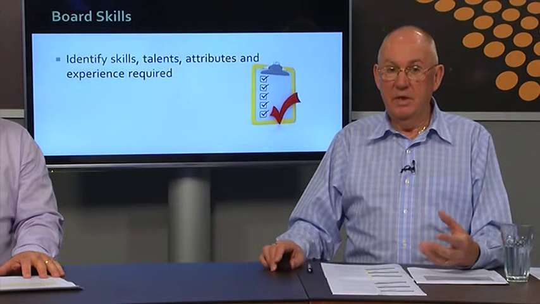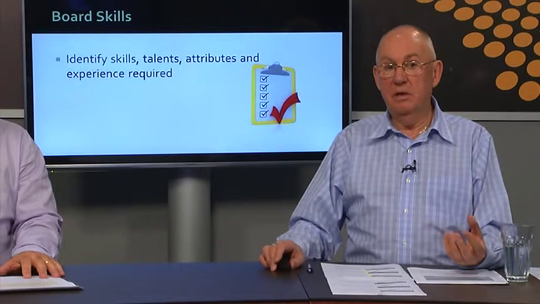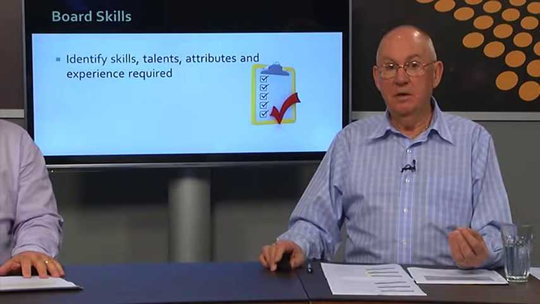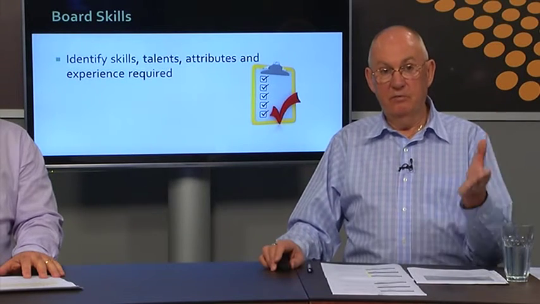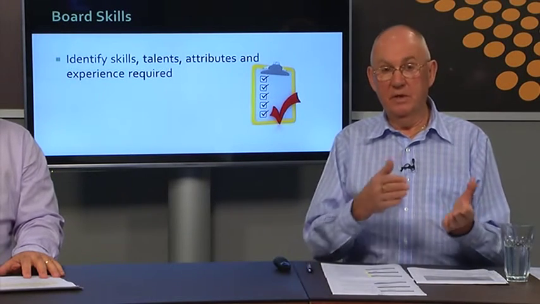And in the episode, we talked about setting up a skills matrix. So having a look at the different roles on the board, the different things that are coming up, and the kind of skills and experience that you need to achieve those sort of things and get the best match that you possibly can.